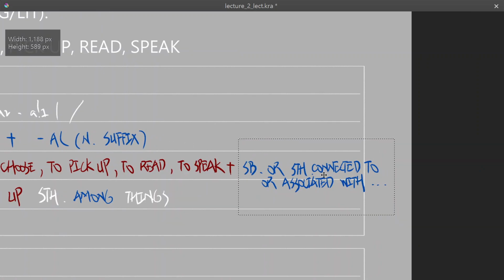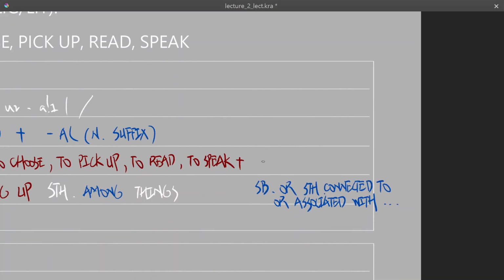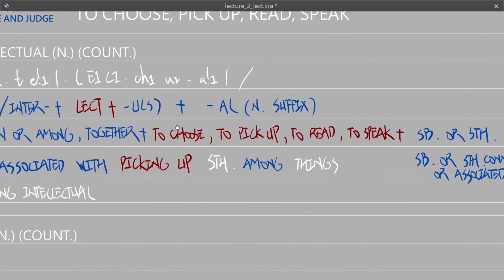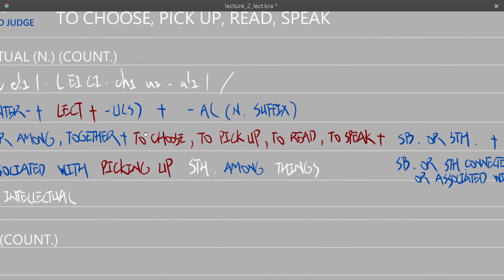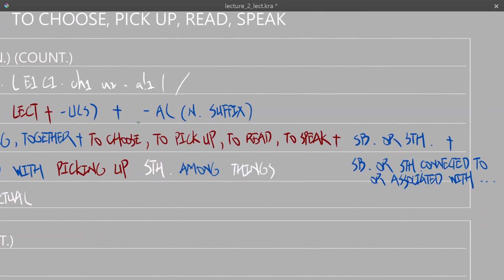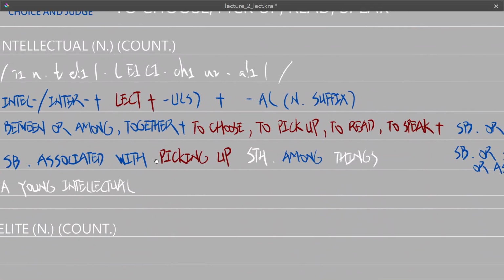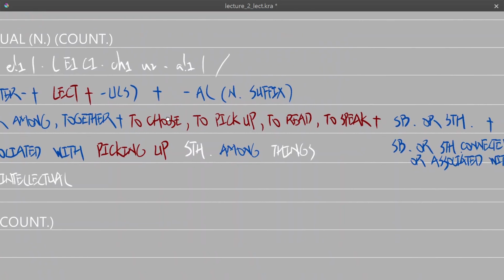We have the suffix us, meaning somebody or something. So somebody associated with picking up something, things. Okay, now let's explain more about these suffixes.